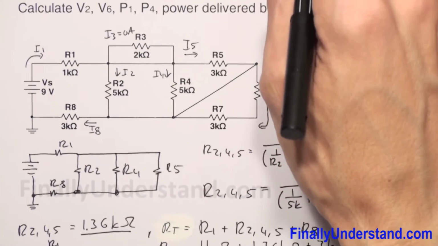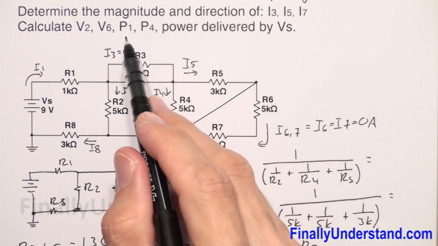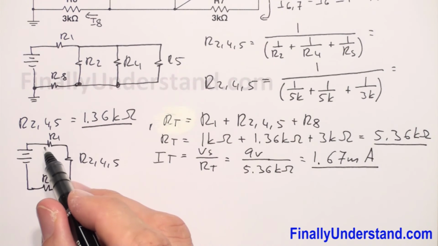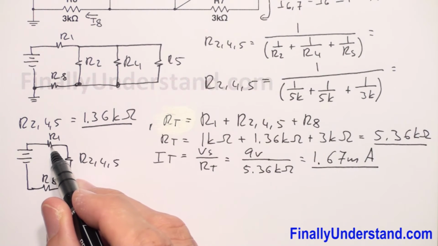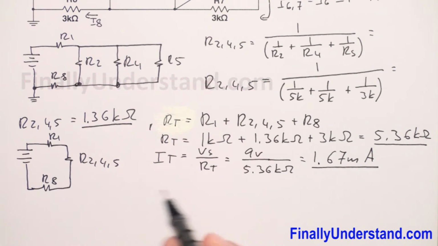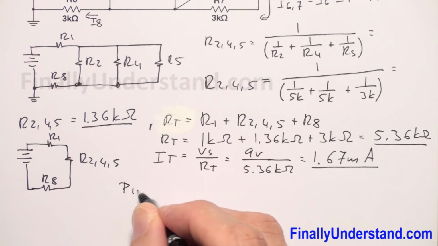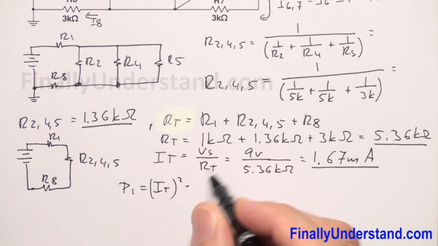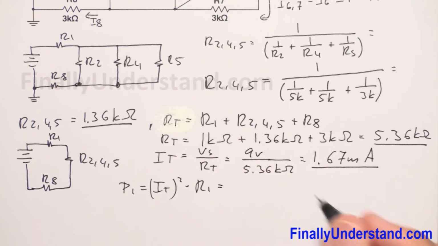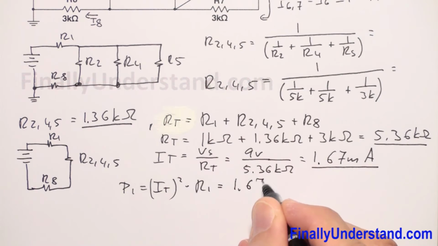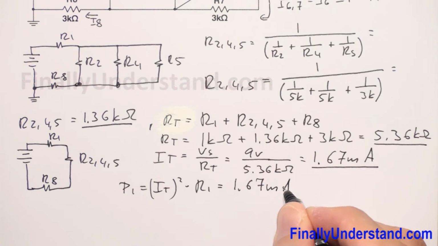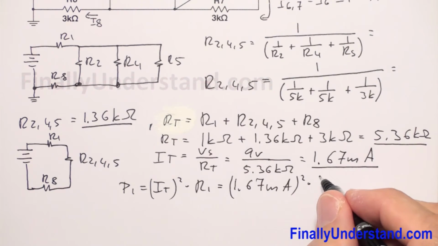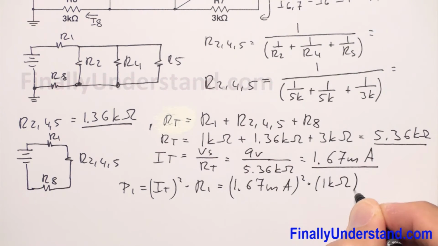The problem is asking me to find P1. You have to realize that I total is equal to the current which goes through resistor R1. So I can say that my P1 is equal to I total to the second power times R1. I total is 1.67 milliamps squared times R1, which is 1 kilo ohm.